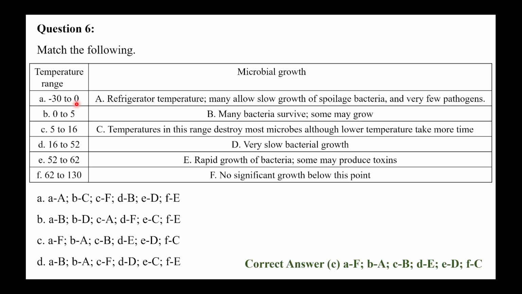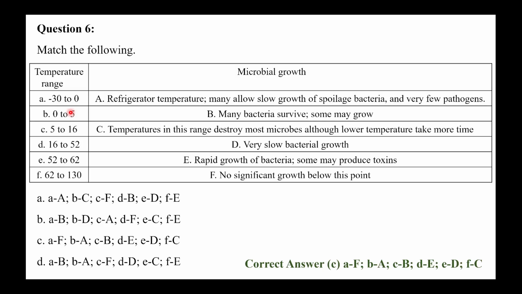Then comes 0 to 5 degrees Celsius. This is the refrigerator temperature. The refrigerator at our homes has somewhere between 0 to 5 degrees Celsius of temperature. And there are certain microorganisms that can grow.